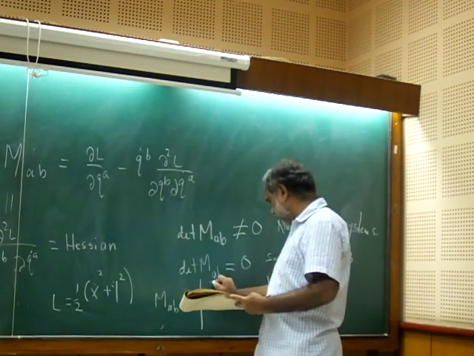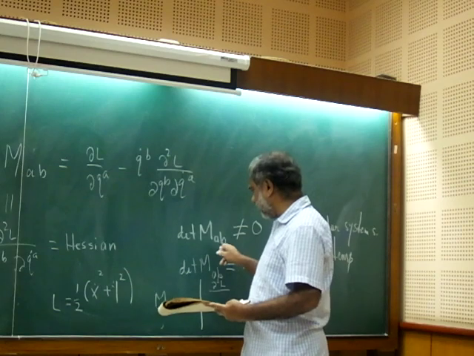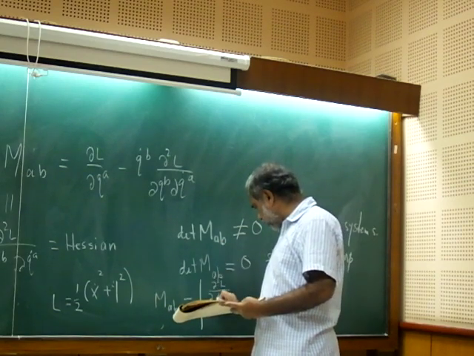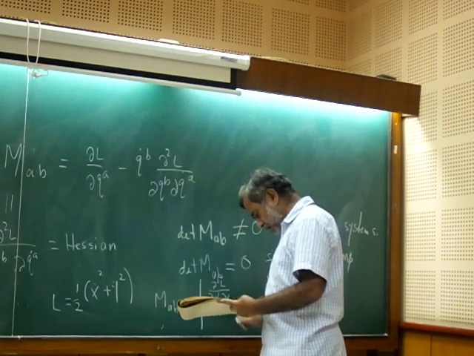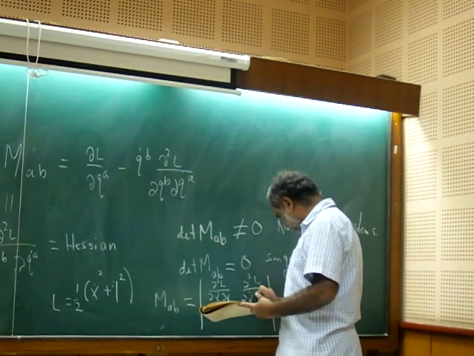So what is this? This is how you write this. So this is just 1 and 2. Here is just x and y. So this is d2L/dx dot dx dot, this is d2L/dx dot dy dot.